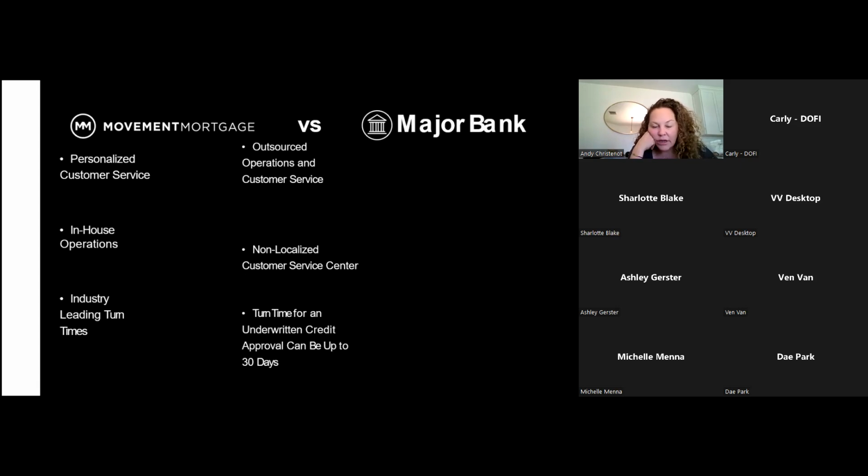And like Charlotte was talking about too, turn times for underwriting and just the entire process can be drawn out with a major bank, because they're a little archaic and their timeline is their timeline. We have a lot more control over it. If we need to pull the alarm and rescue something in 10 days, we can certainly do that. That isn't an option with the bank.